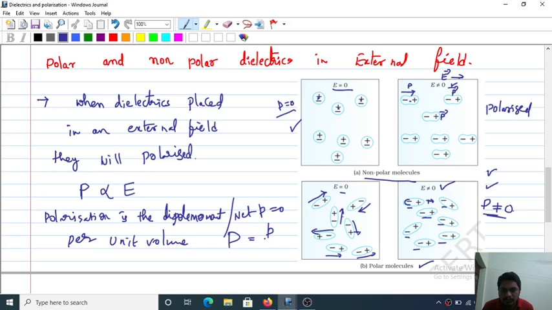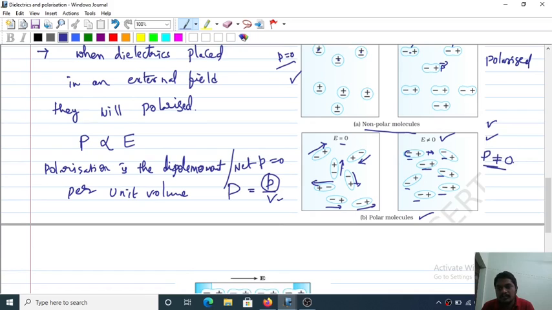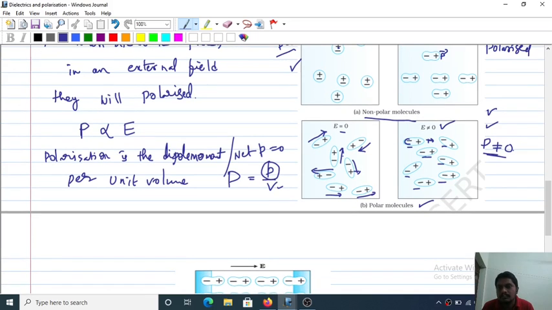Capital P is equal to small p by V, the number of dipoles aligned in the direction of the electric field per unit volume. How many molecules are aligned in the direction of the electric field depends upon the strength of the electric field. The larger the strength, the more molecules align in the direction of the electric field, and the polarization will be maximum.